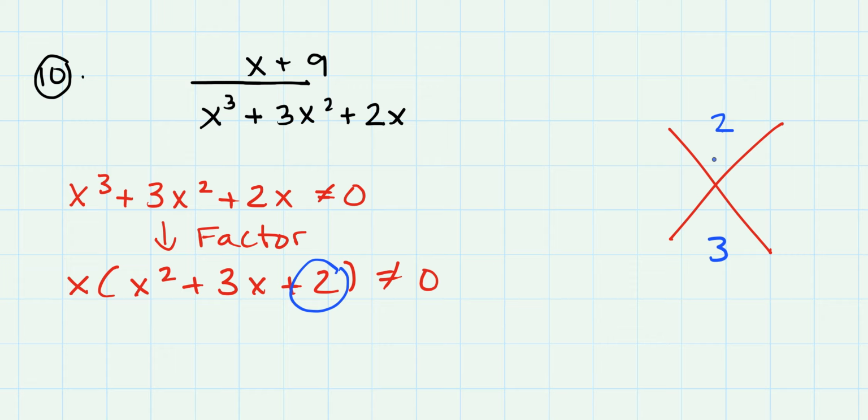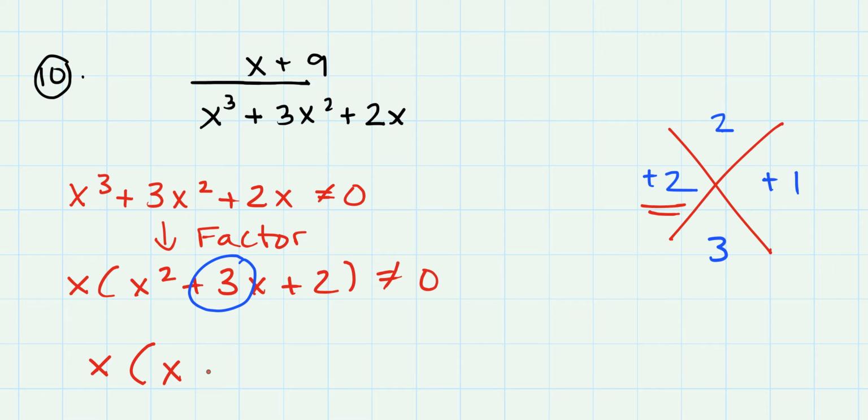So two numbers that multiply to give you 2 and add to give you 3: positive 2 and a positive 1 work. Multiply them, 2; add them, 3. So that tells you when the coefficient of this one is 1, you just say x plus this number times x plus this number.